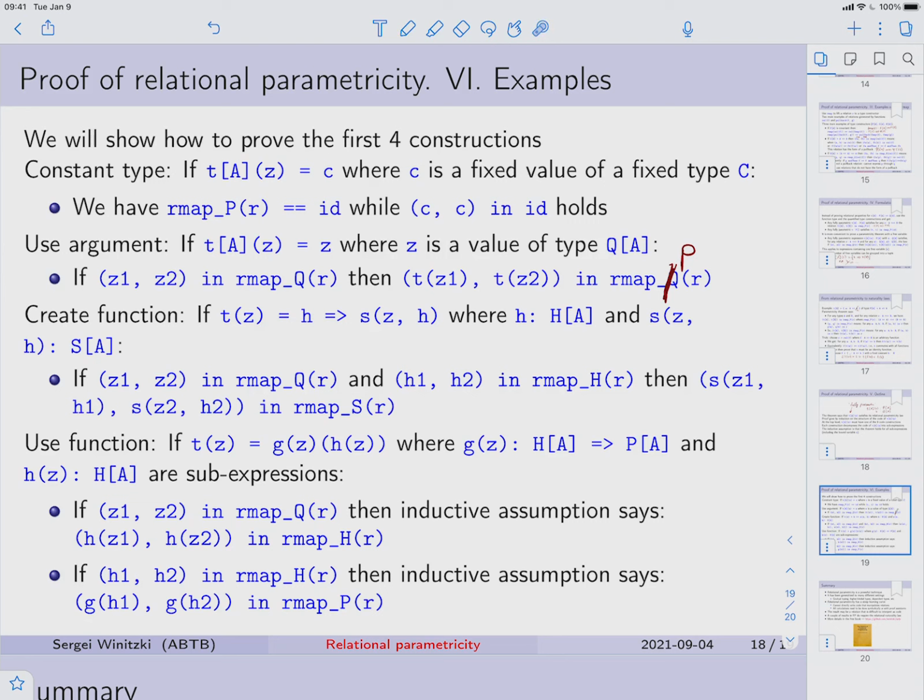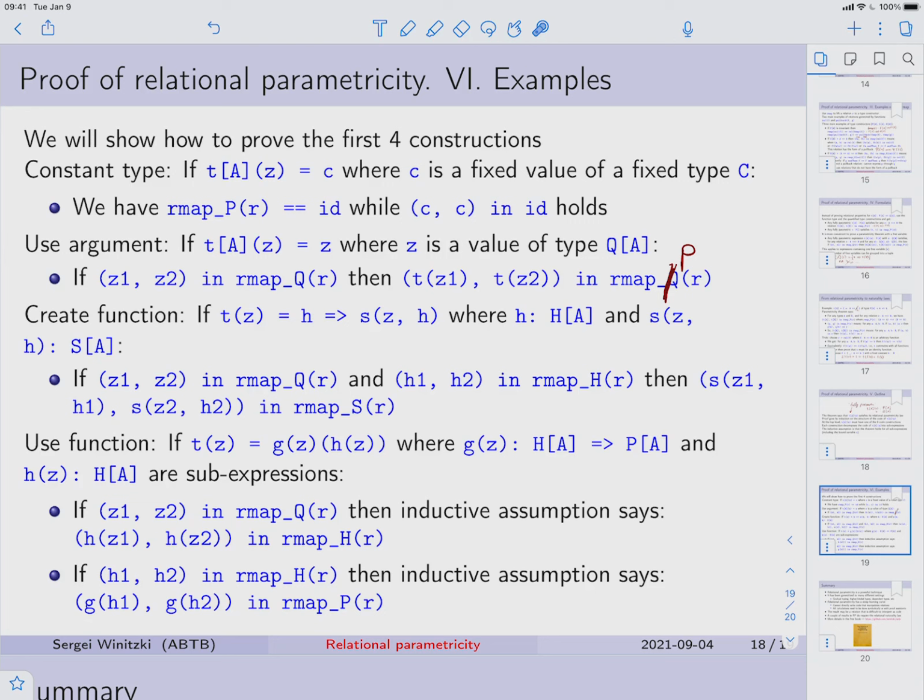But this is exactly the inductive assumption. If z1, z2 are in this relation, then T of z1 is exactly z. Sorry, it's not an inductive assumption. This is a trivial statement.